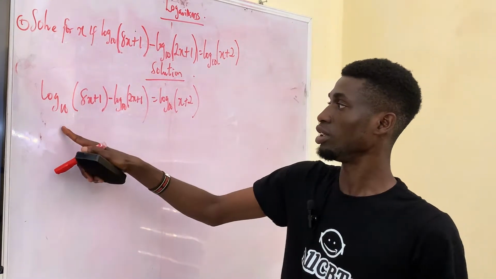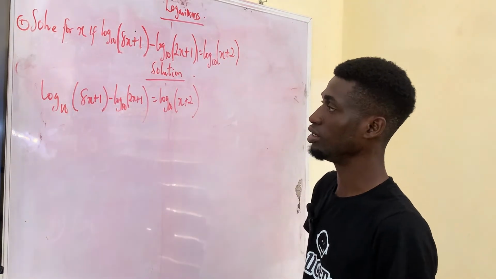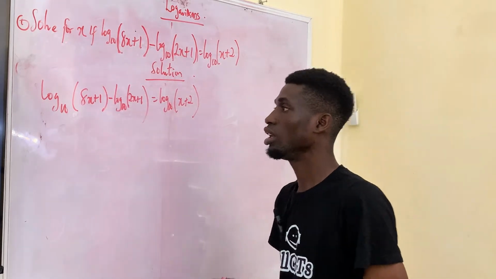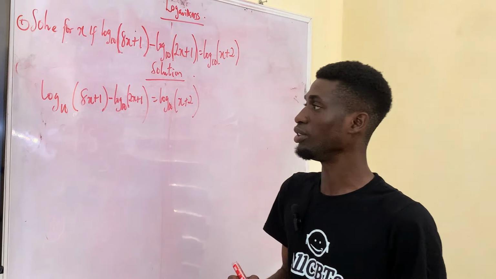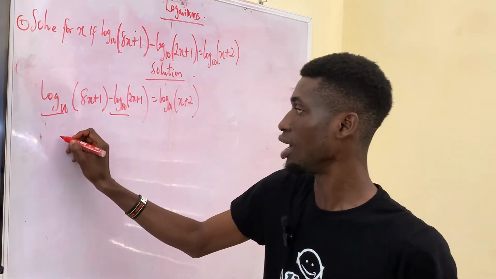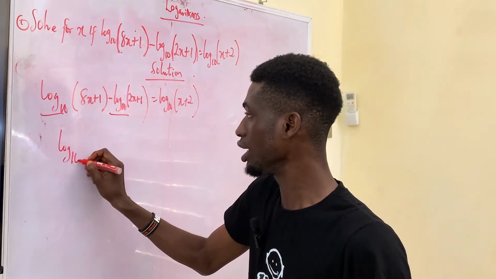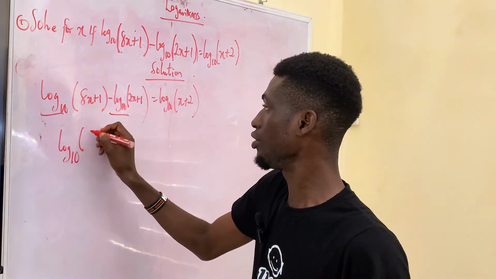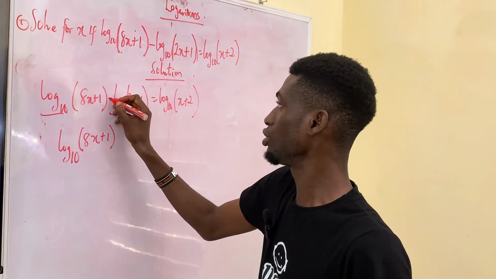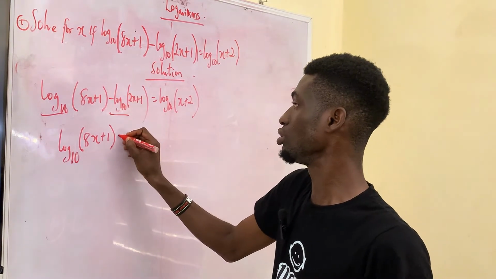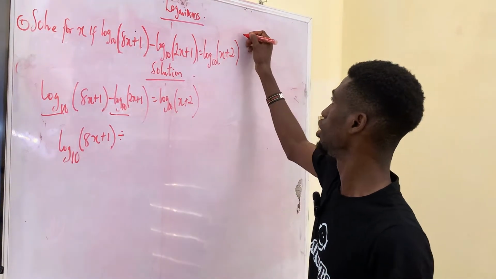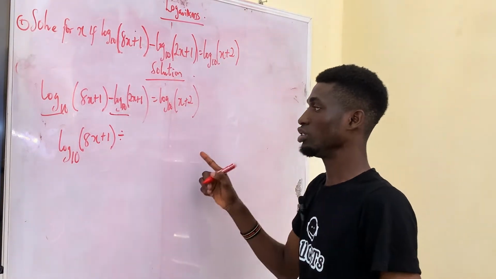You can see that they are all expressed in the same base: log 10, log 10, log 10. In the laws of indices we learned before, if we have the same base, we pick one of it. So here we have log 10 of 8x plus 1. As we know, minus is going to change back to division, so division will result in subtraction.